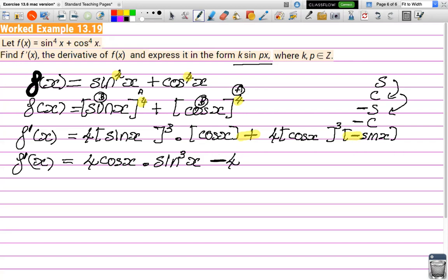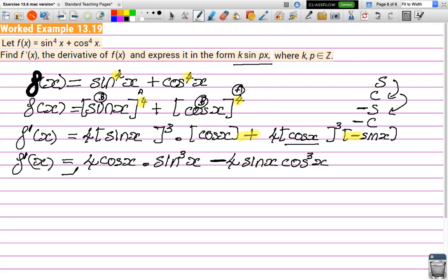It's going to be minus 4, and then it's going to be sine x, has no power on it, so I'm going to write it at the front. And then the cos x has a power of 3 on it, so we write that as cos cubed x.